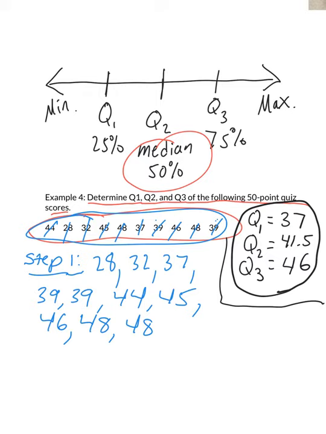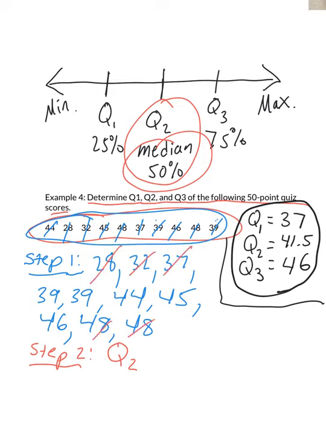So now step 2. We said we're actually going to find these quartiles out of order. You're going to find quartile 2 first. That's the median of all the data. So I just slash 1 from each side. Remember, median means the middle number. So goodbye, 28 and 48 cancel each other out, and just keep slashing 1 from each side. And there is a tie between 39 and 44.